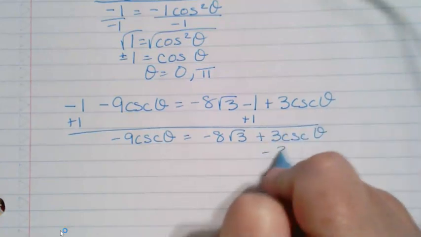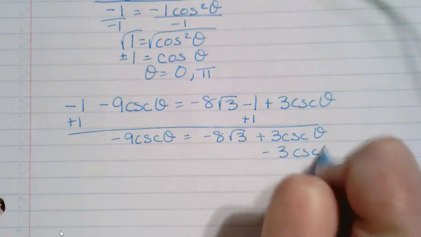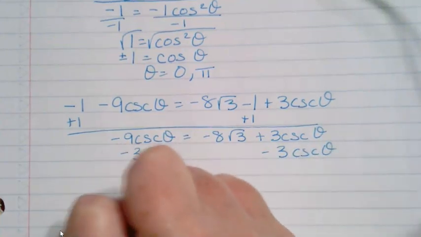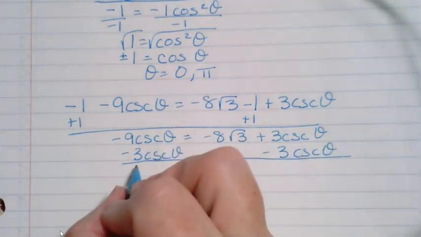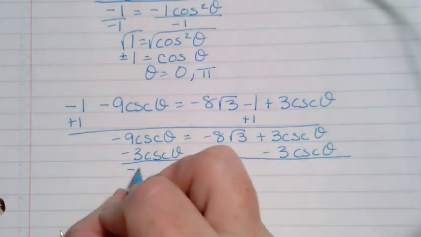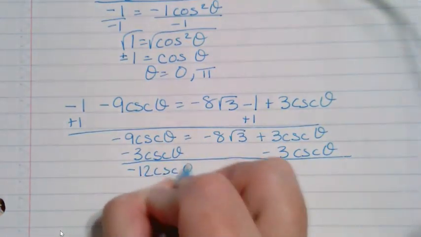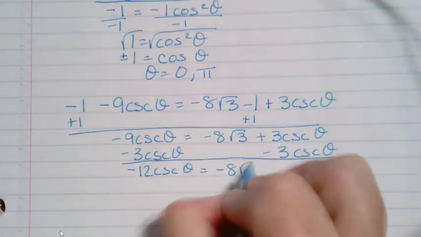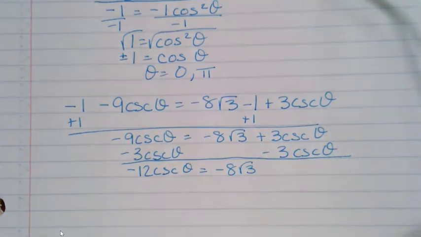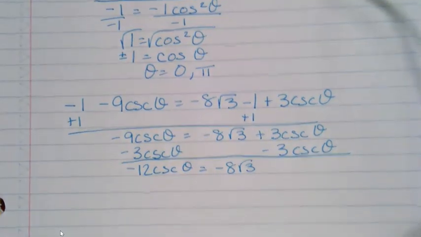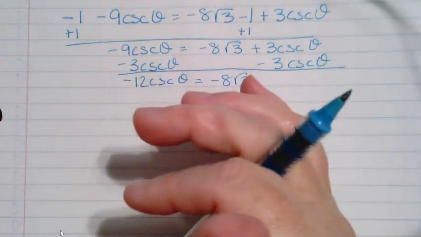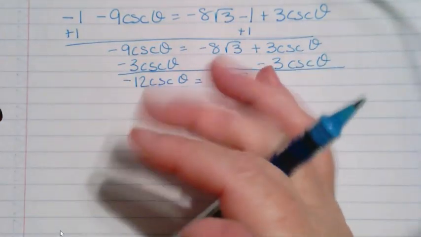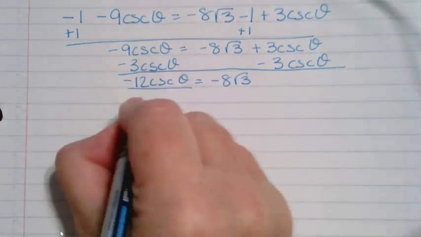So now I'm going to subtract 3 cosecant theta. Negative 12, right? Equals negative 8 square root of 3. Okay, divide by negative 12.